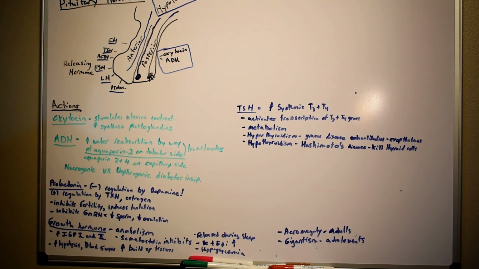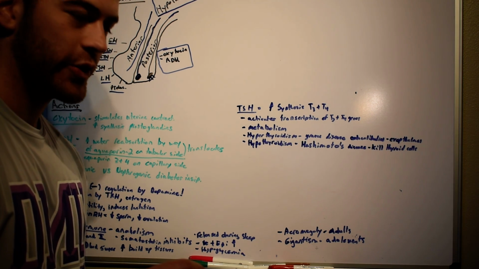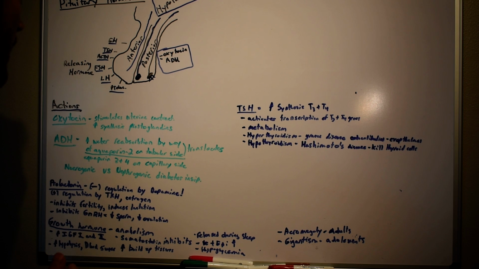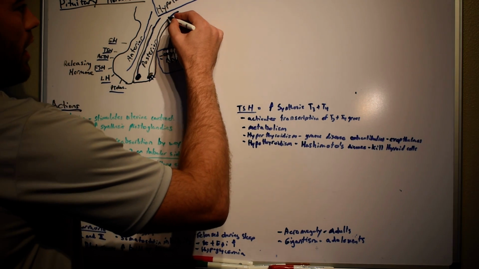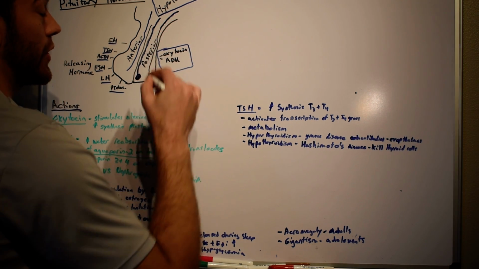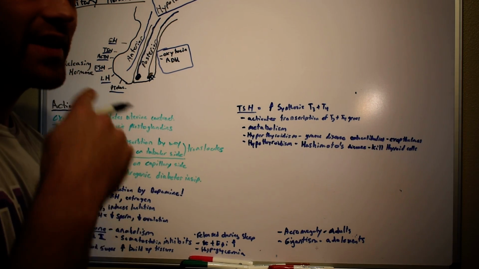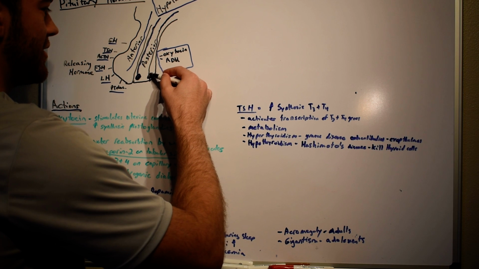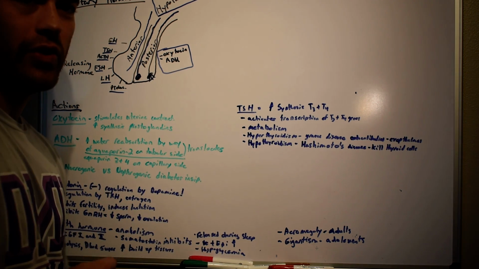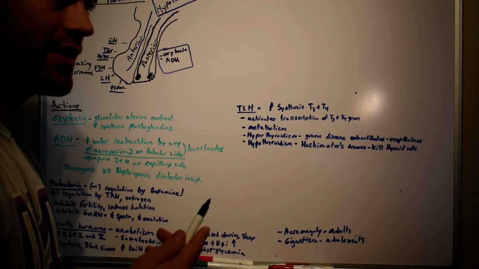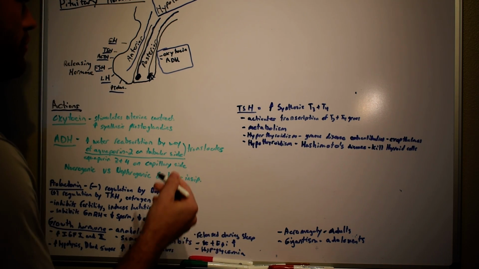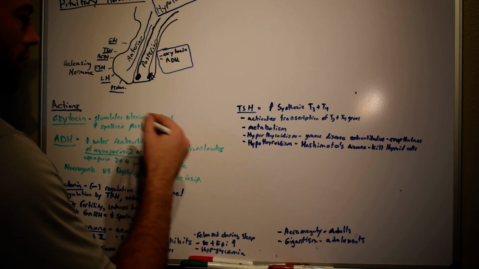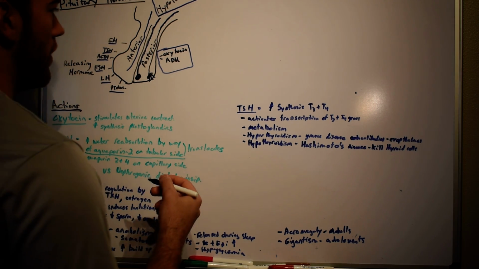We know from our previous lectures on neural tissue that hormones or neurotransmitters are synthesized in the cell body, passed down an axon, and then packaged into a vesicle down here, where they await the signal, which is a depolarization, to be released into the bloodstream. And since it's a hormone, it's going to be traveling in the bloodstream.